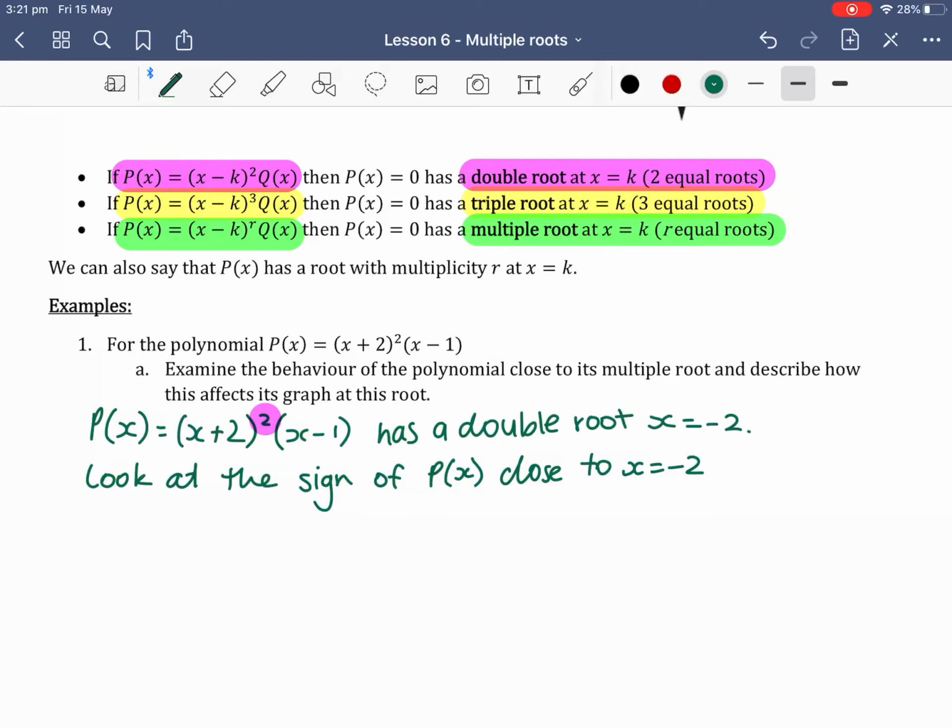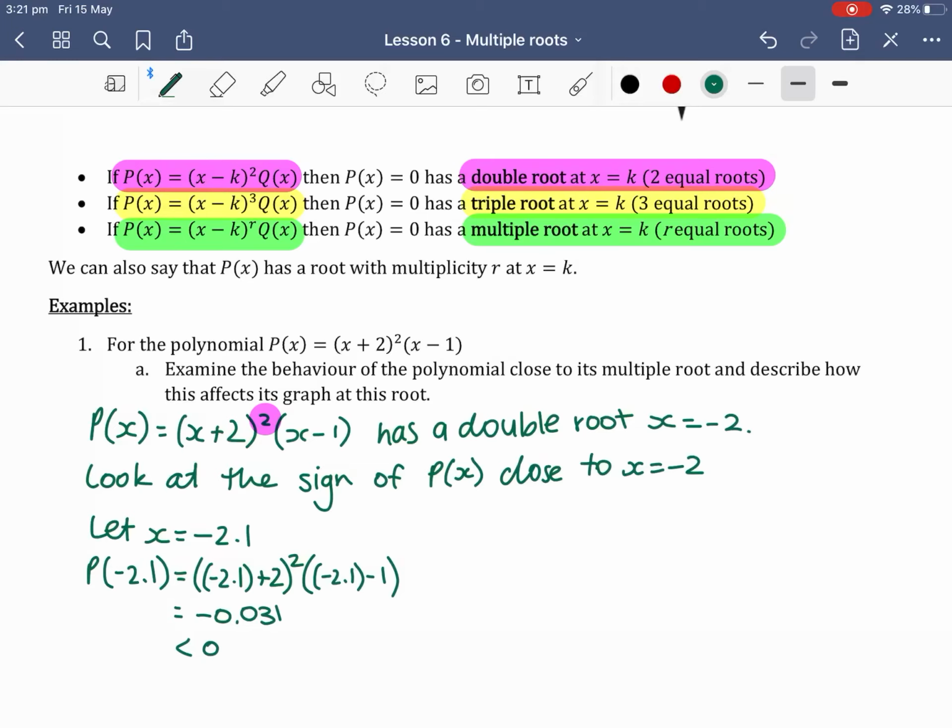We let x equal negative 2.1 and substitute that into our polynomial: (-2.1 + 2) all squared times (-2.1 - 1). When we put that into our calculator, we get negative 0.031, which is less than 0. This means that the curve is below the x-axis.